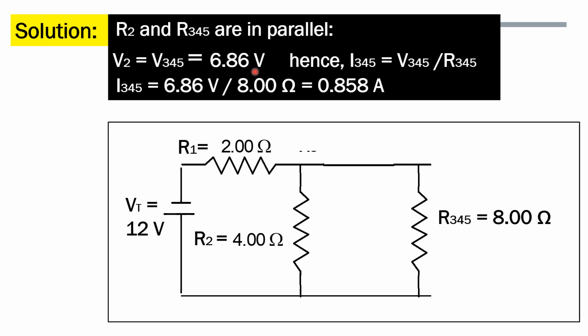So using Ohm's law again, we can determine the current through R3, 4, and 5. We call it I sub 3, 4, and 5.